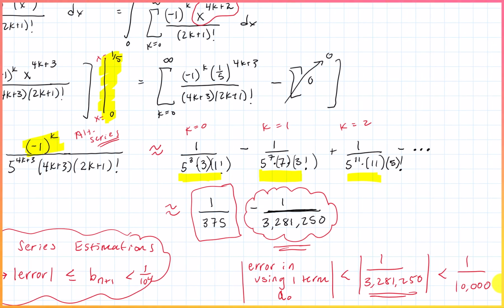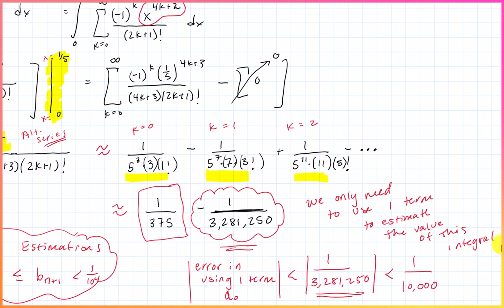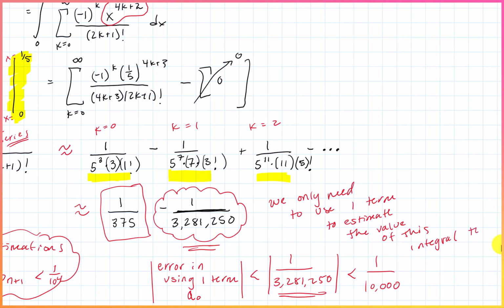This is so mind-blowing, right? We only had to use one term to get what we wanted. We only need to use one term of an infinite number of terms to estimate the value of this integral to within 1 over 10 to the fourth.